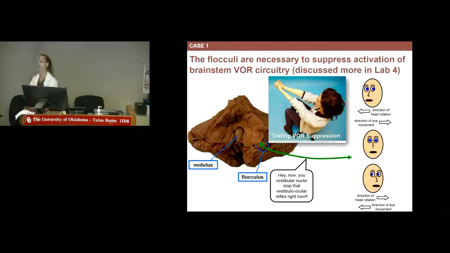Okay, so how do we test it? Put your arms out, focus on your thumbs, and rotate and keep focusing on your thumbs. So while your patient does that, you watch their eyes, and if the patient has any nystagmus while that's happening, that is a sign that they're having trouble suppressing VOR, which localizes to the flocculus.